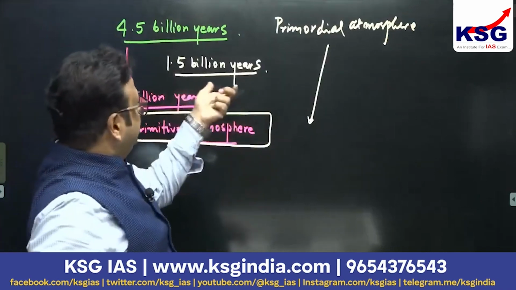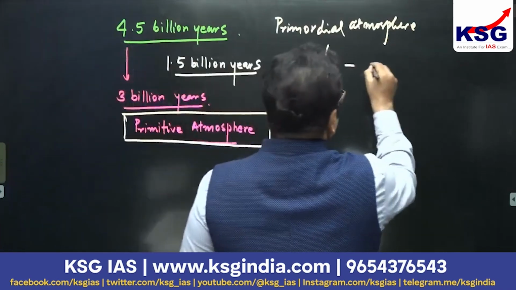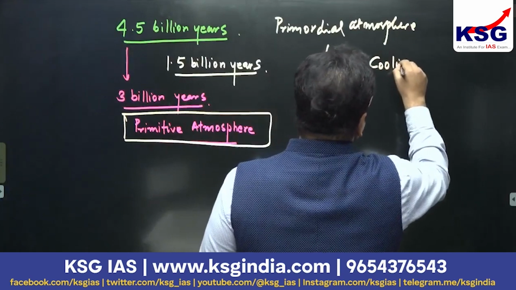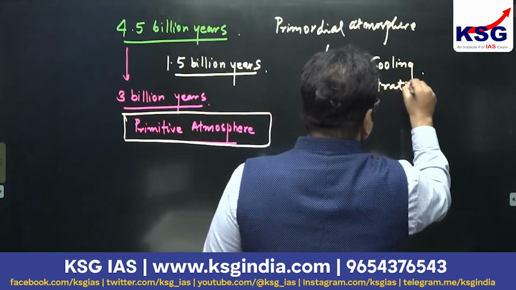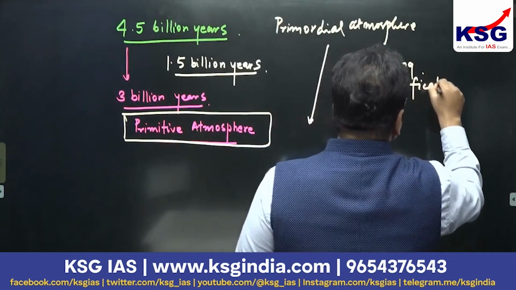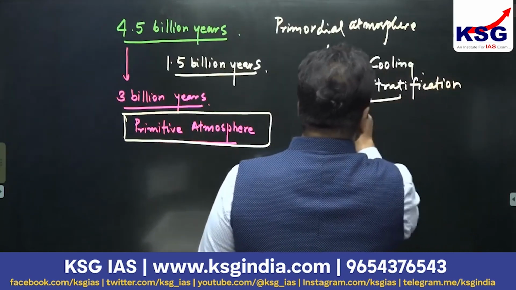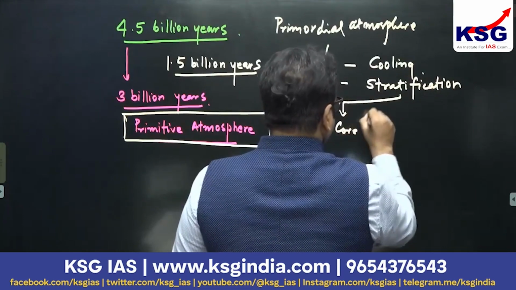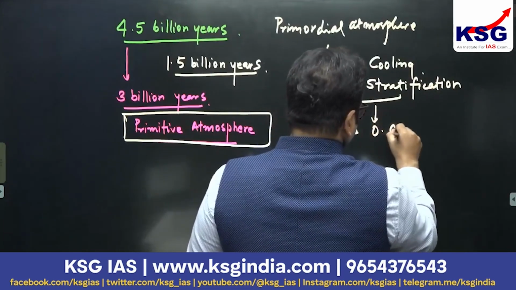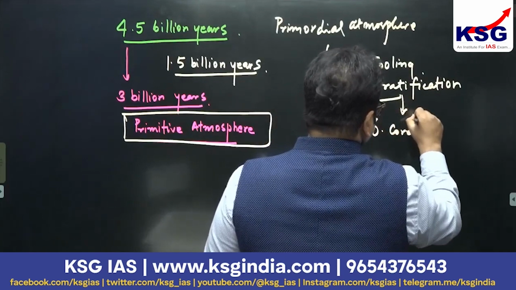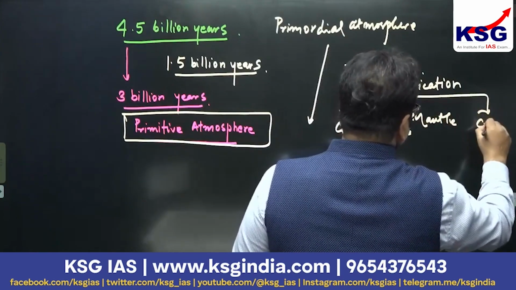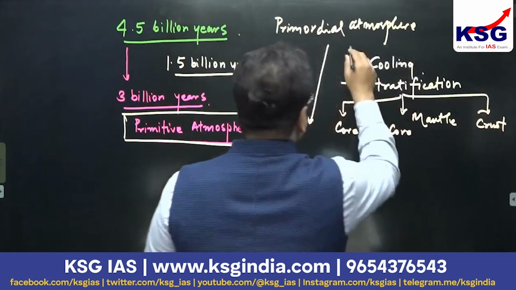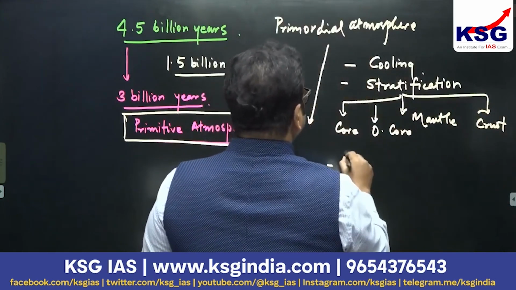And during this 1.5 billion years, what was going on? Cooling was going on, stratification was going on. That means formation of core, outer core, mantle and crust. This stratification was going on, and not only this, degassing was going on.